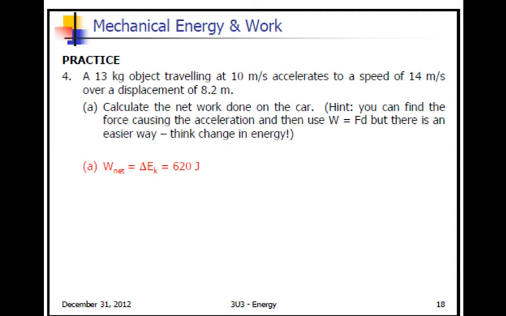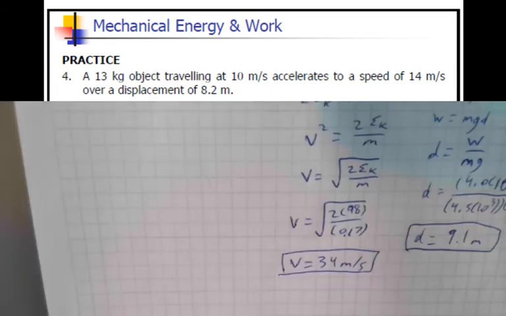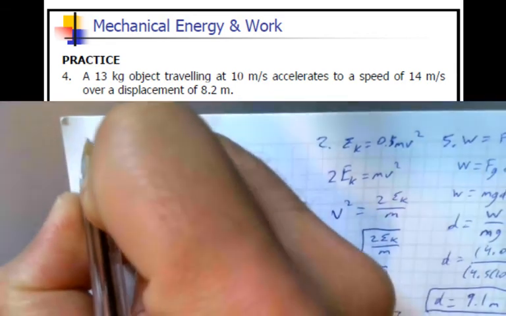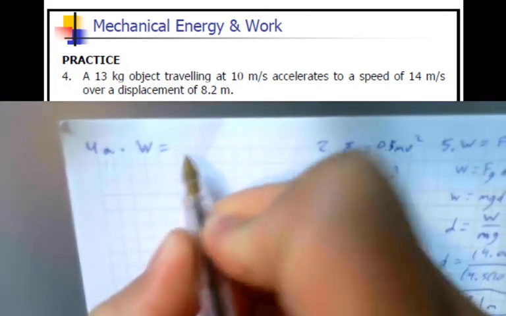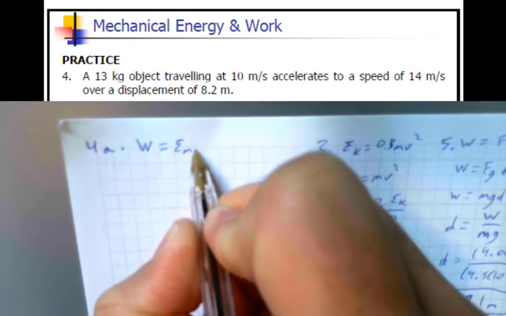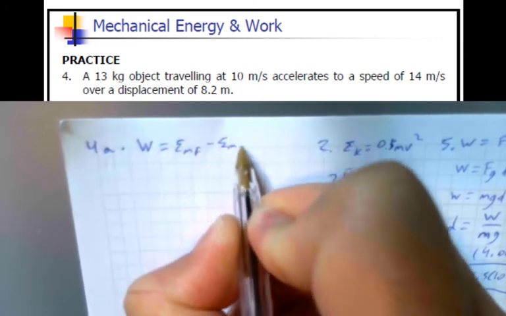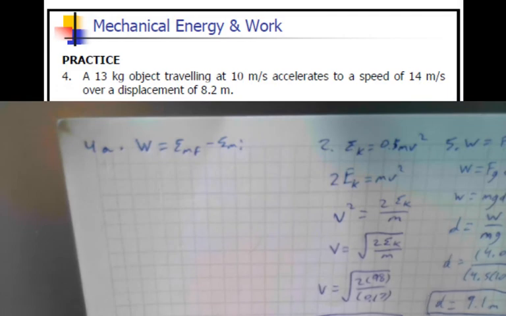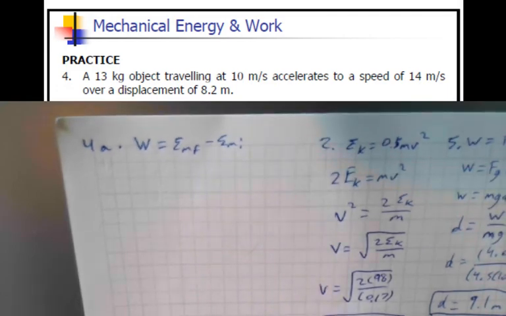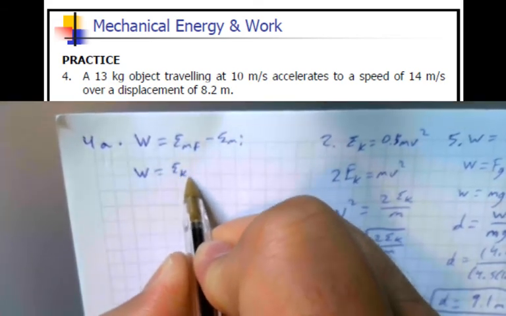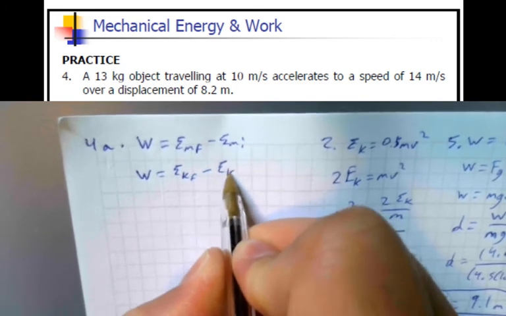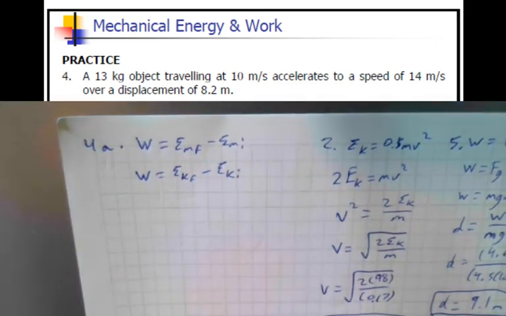If we just think of how our energy changes in this case, so we have for 4A, our work is equal to our EM final minus our EM initial. EM is our mechanical energy, and we know that our mechanical energy in this case, because it's just an object moving at ground level, is essentially just our change in kinetic energy. So EKF minus EKI.